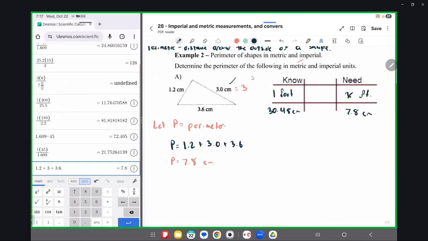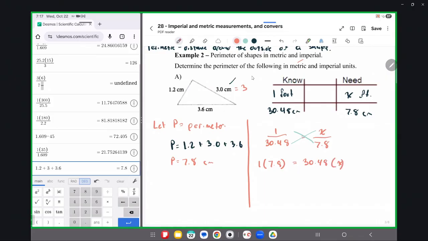So setting up our ratio, we have 1 over 30.48 equals x over 7.8. Okay, using the means and the extremes, we find that 7.8 is equal to 30.48 multiplied by x.